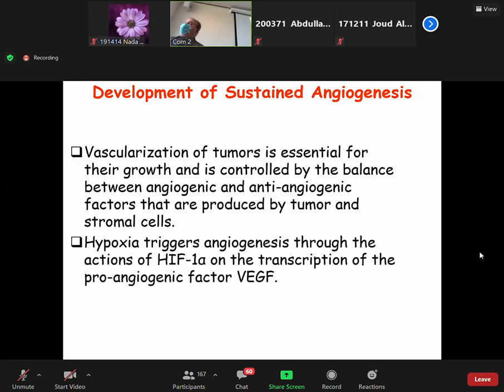HIF-1 alpha is going to work on VEGF. It's going to increase the transcription of VEGF, the vascular endothelial growth factor, which is going to recruit endothelial cells and stromal cells to that site. And that's going to set the stage for new angiogenesis.